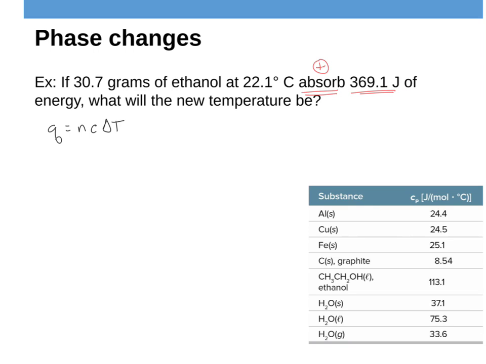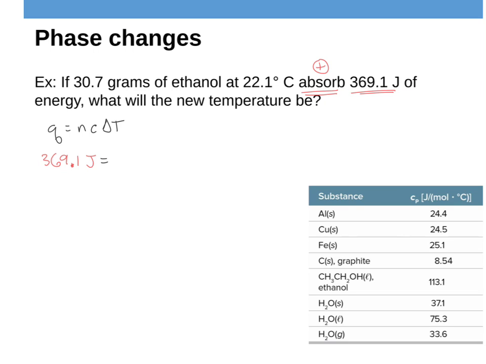If it said that 30.7 grams of ethanol at 22.1 degrees Celsius lost 369.1 joules, then we'd know that was a negative value, that it would be negative 369.1. But this says absorb, so for my Q, I'm going to leave this as a positive number, because we're absorbing.